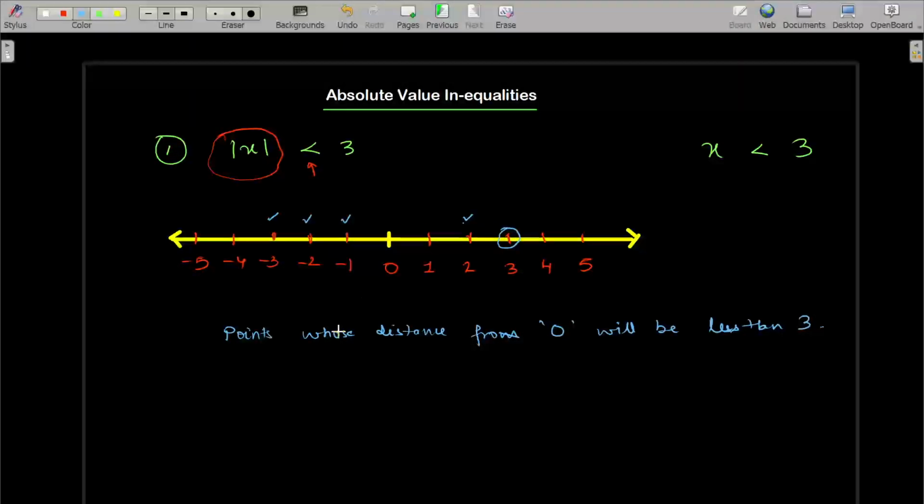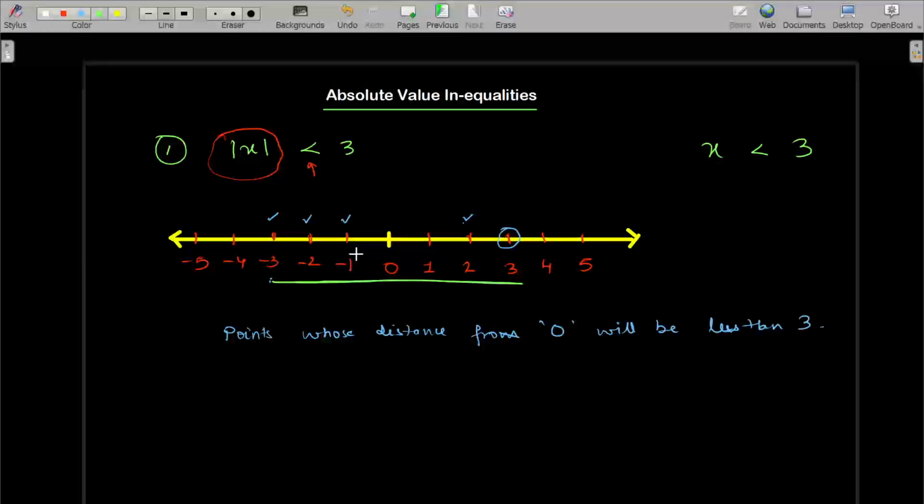So can I say that the solution for this inequality is going to be all the numbers which are between -3 and 3? From -3 to 3, if you take.